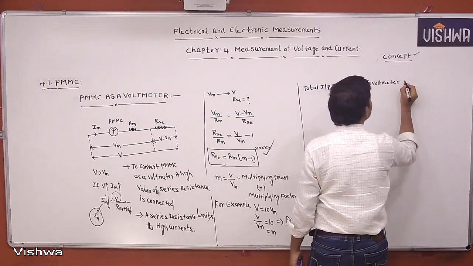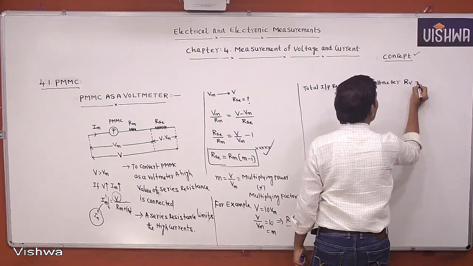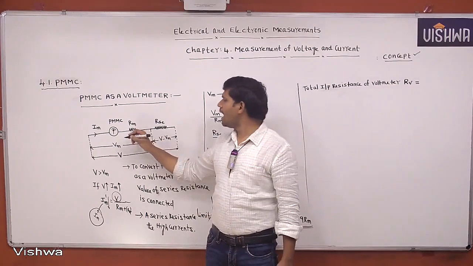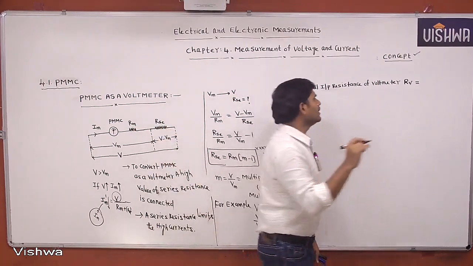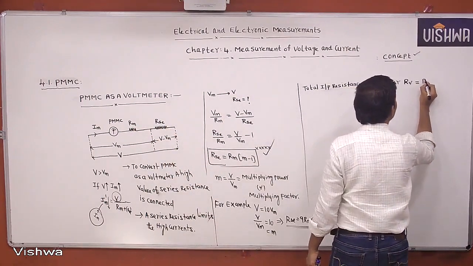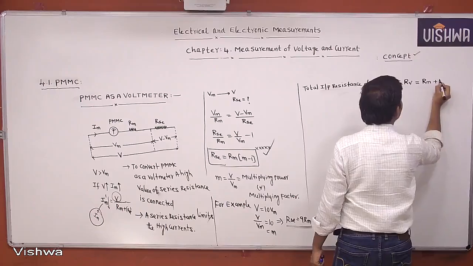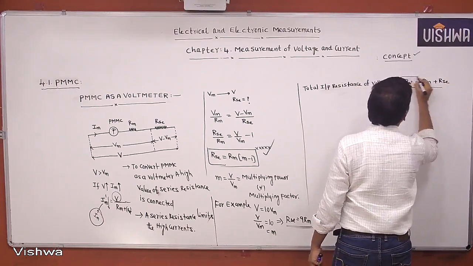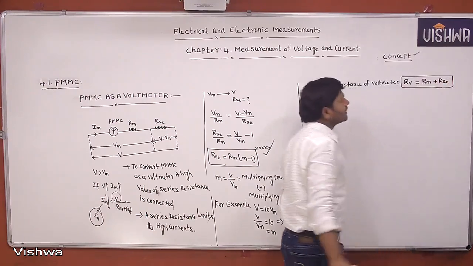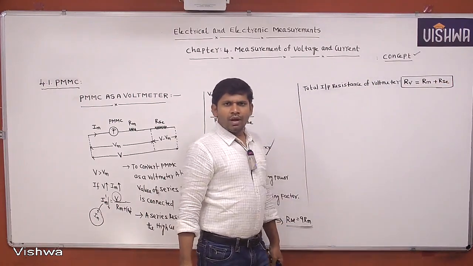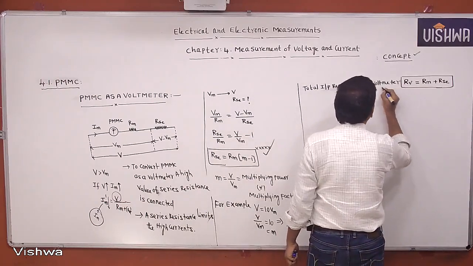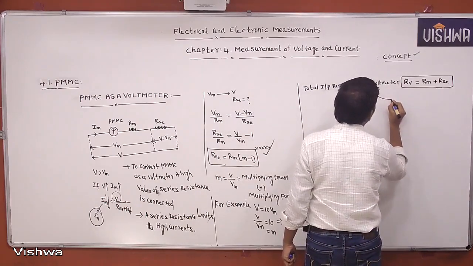The input resistance of voltmeter is denoted by Rv. What is the total input resistance of voltmeter, you tell me? Rm plus Rsc. This is the total input resistance of voltmeter after converting PMMC as a voltmeter.